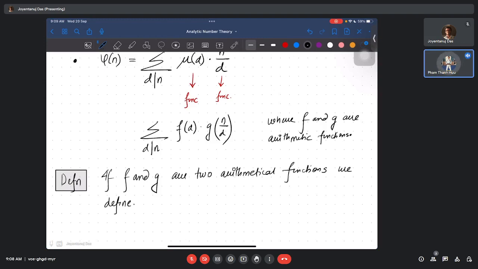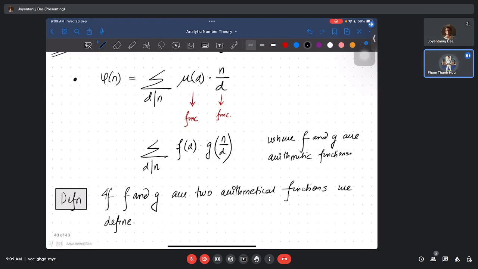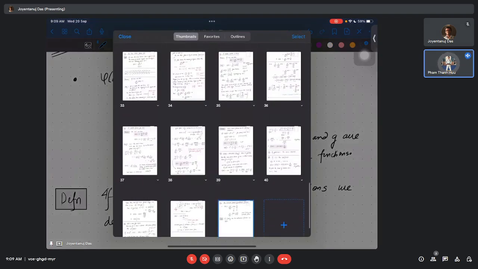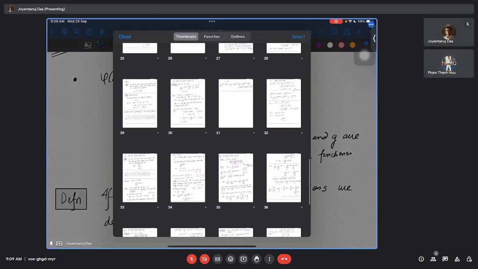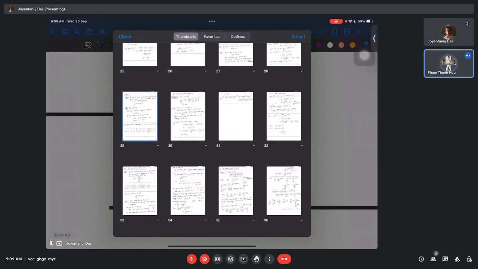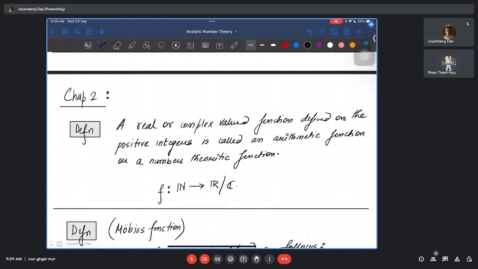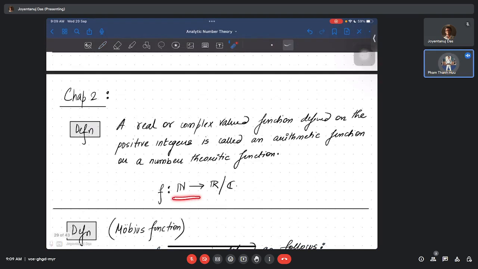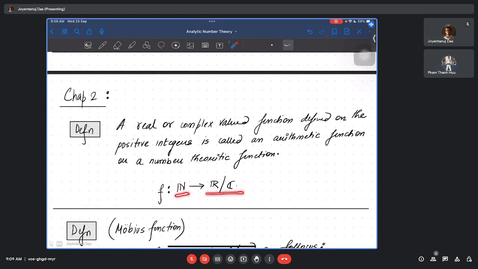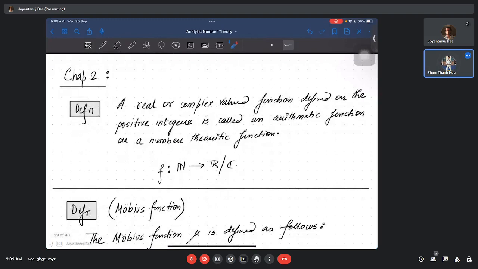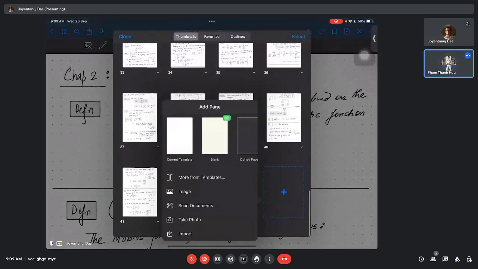Is arithmetic function meant to have positive values only? Arithmetic functions go from the natural numbers, the positive integers, to either real or complex numbers, so real valued or complex valued.